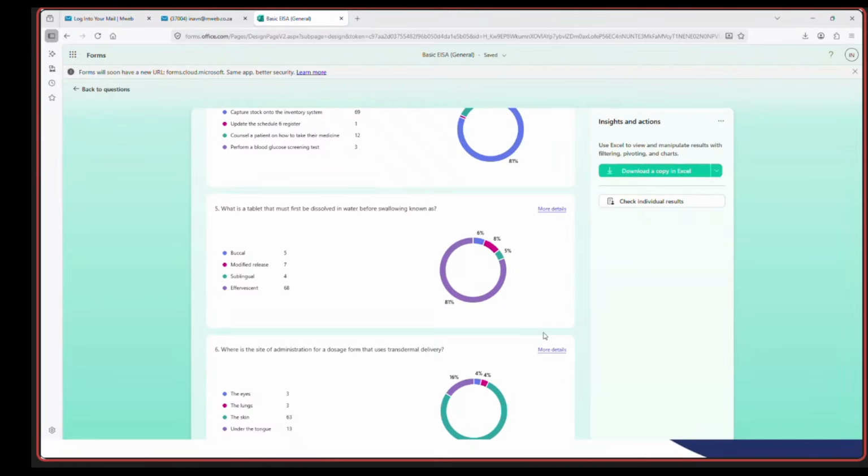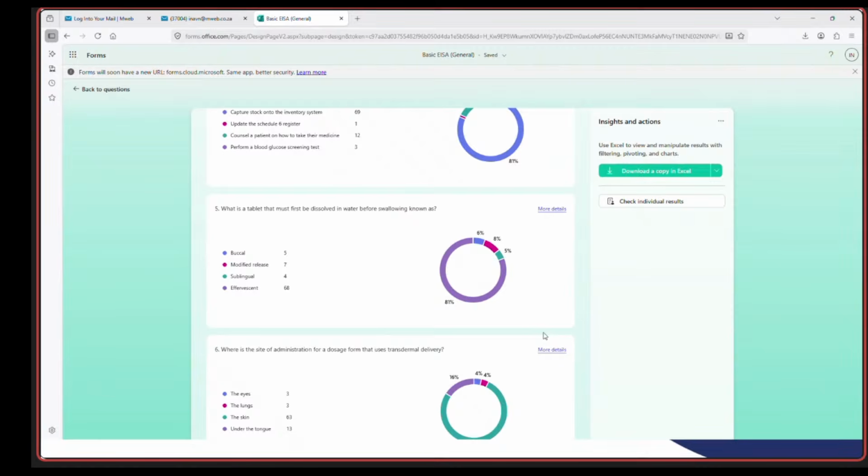If you look at buccal, that is when the tablet is dissolved or the absorption takes place in the cavity between the lips and the gums, or in the cheek of your mouth. So this is not a tablet that dissolves in water before you use it.